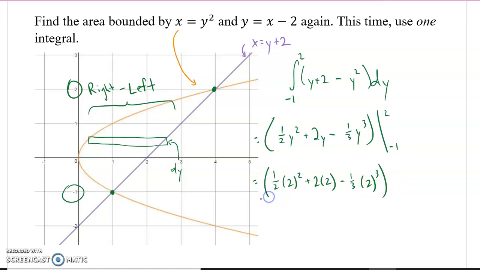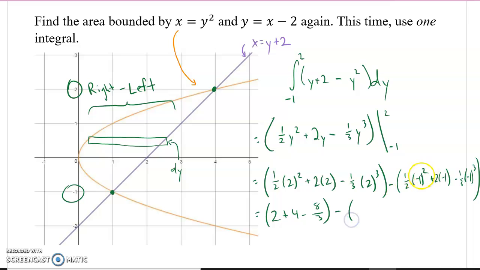That's the antiderivative evaluated at 2. Then we'll subtract the antiderivative evaluated at -1. All right, so this is 1/2 of 4. This is 2 times 2. This is 8 times 1/3, so that's the first bit.